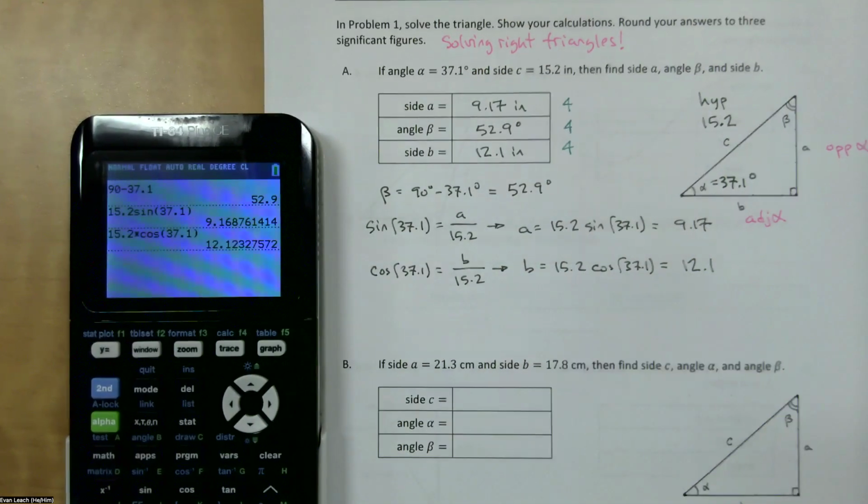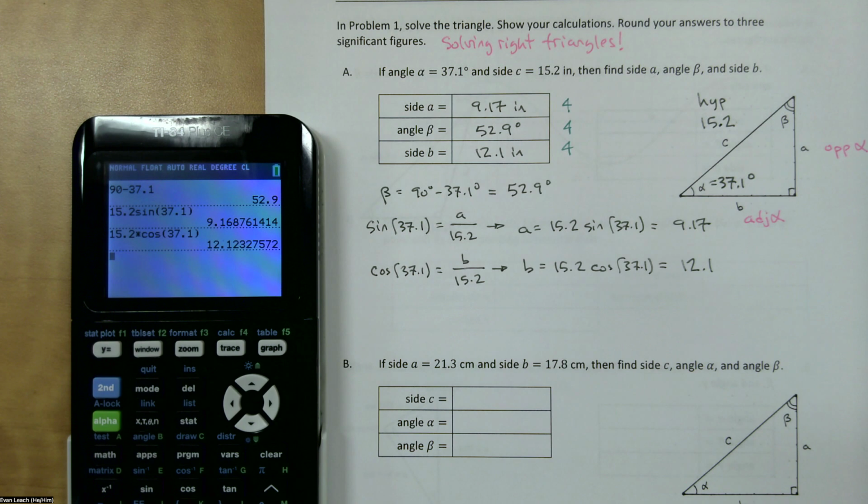Other risks: since the sides have units, the hypotenuse is 15.2 inches. There are risks for not including units, and there is a risk of doing the wrong number of significant figures.